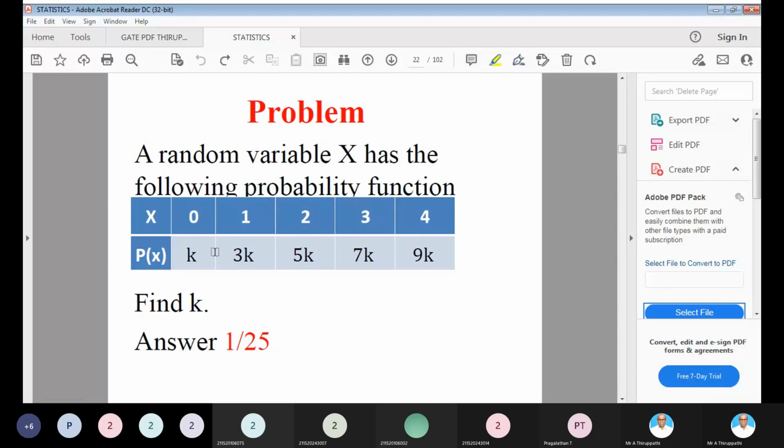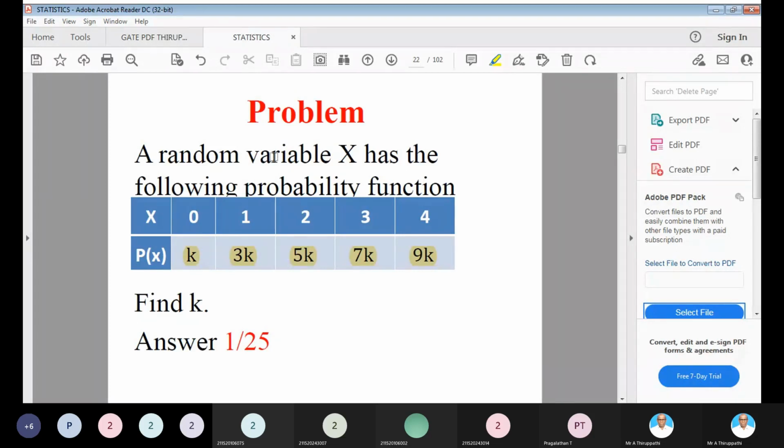Now, is it the continuous case? Okay, this is a discrete case. Sum of all things should be equal to what? 1. In a discrete case, summation of p of x equal to 1. Sum of all the probability values is equal to 1.